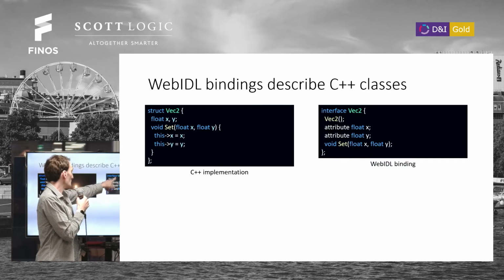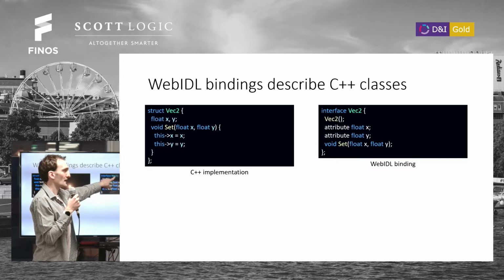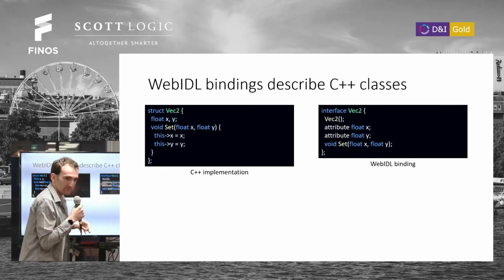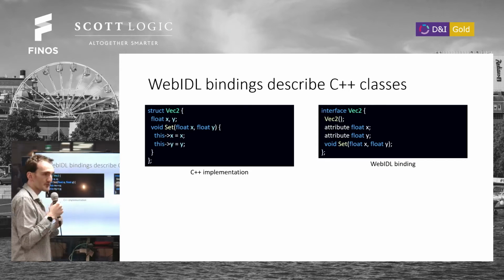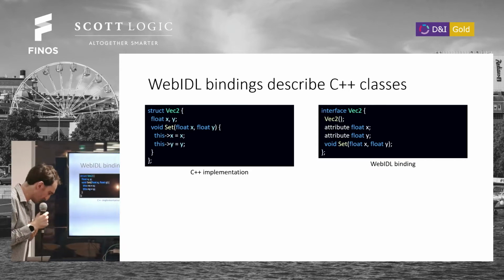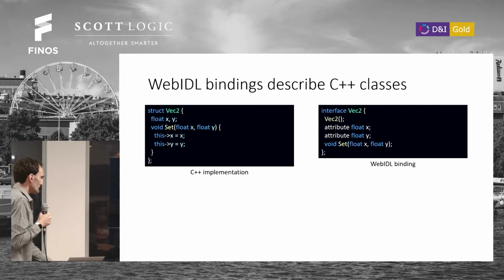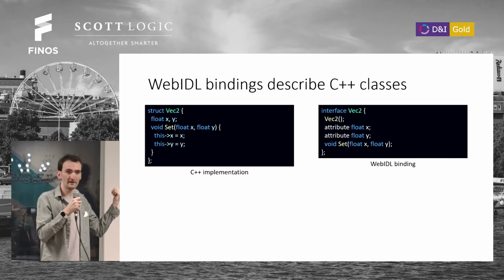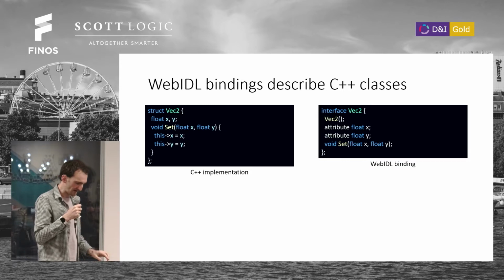We say there will be a class named vector2. It'll have a public no-args constructor. It'll have 2 floating point attributes and 1 void method. And Emscripten's WebIDL binder will take this description and produce that glue code that we made earlier, that C implementation for us.